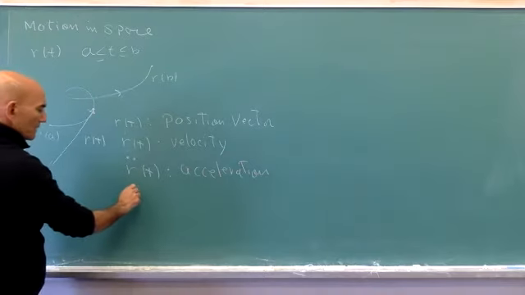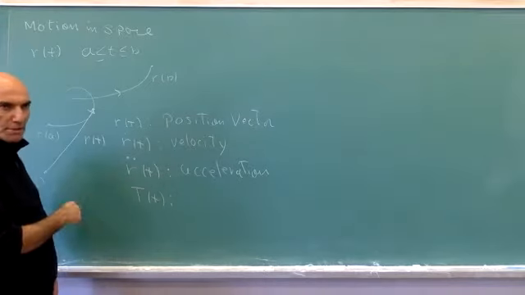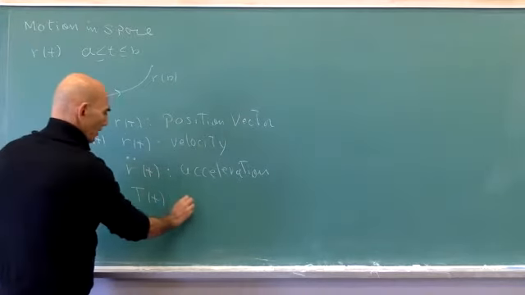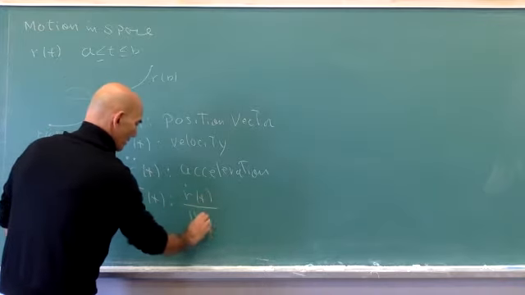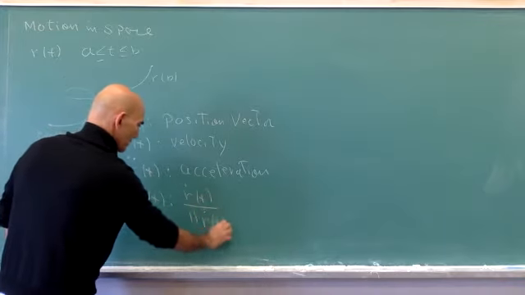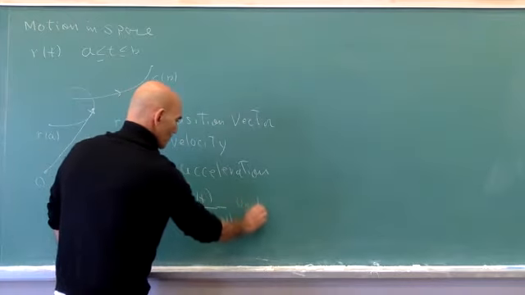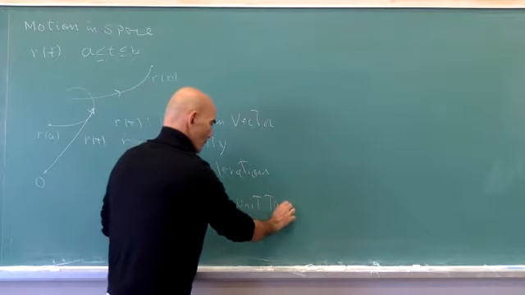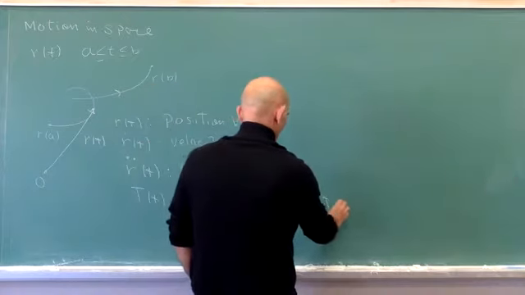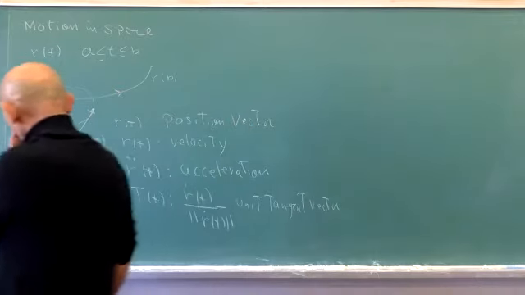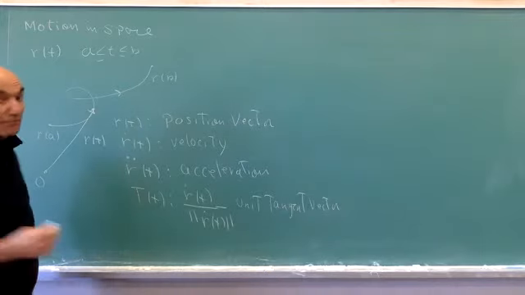And you remember we discussed T of t. This was the unit tangent vector, which was R dot of t divided by its length. Then we had N of t.